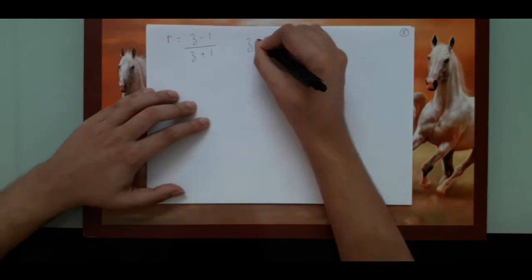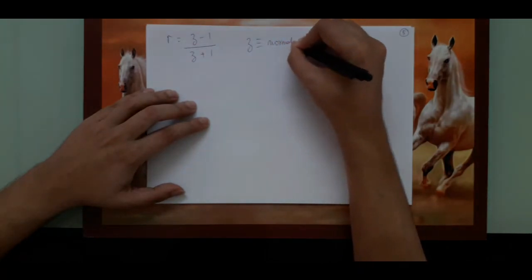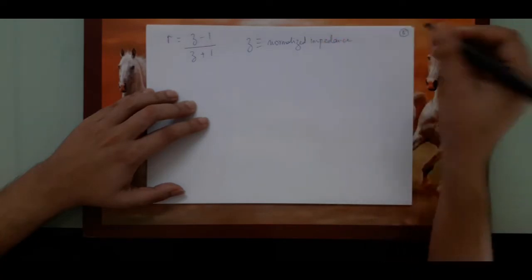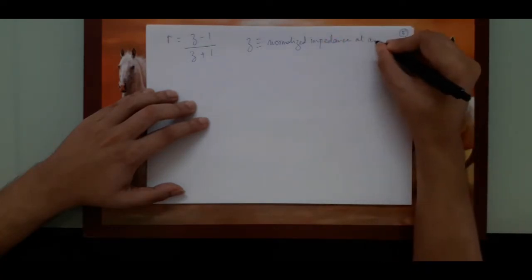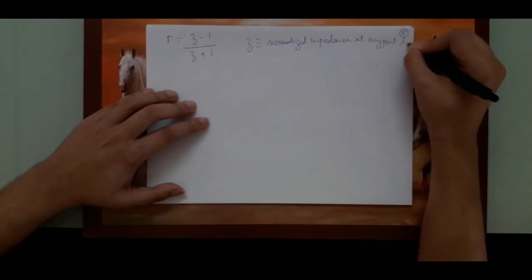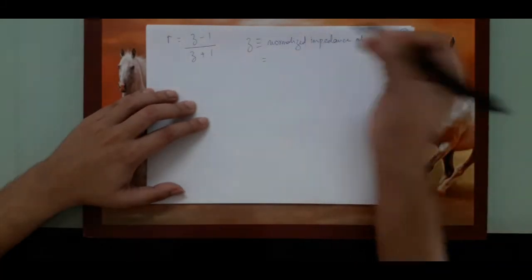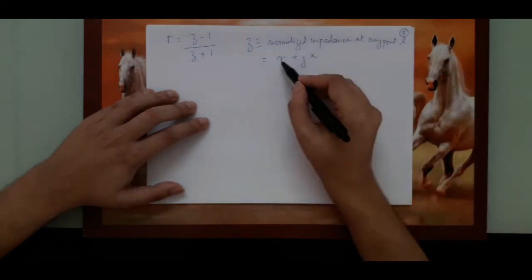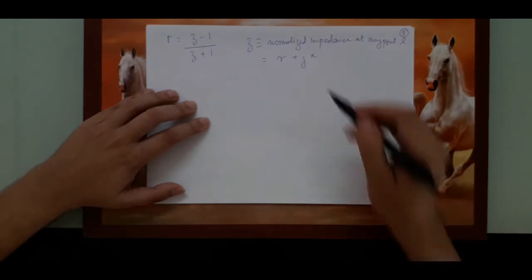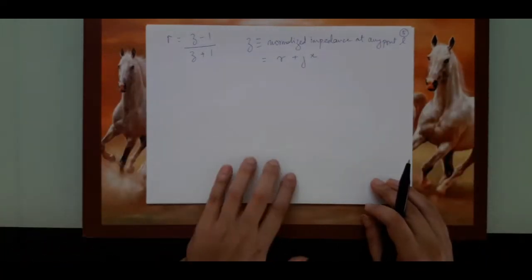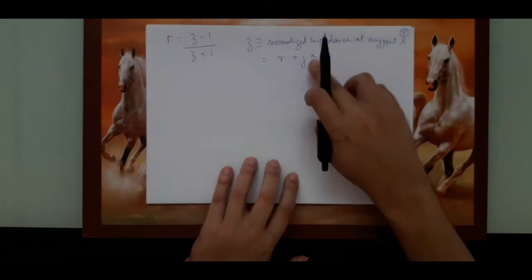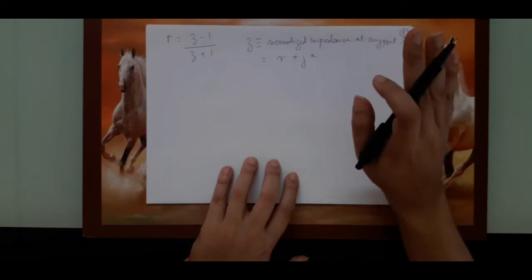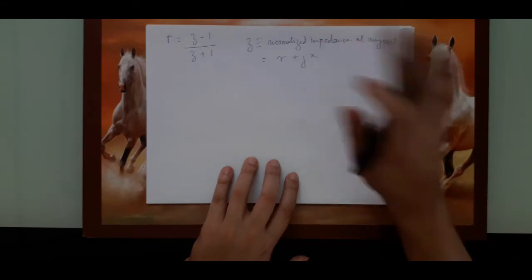So z is the normalized impedance at any point L, and this we can write in a Cartesian form as r plus j small x, where small r denotes the normalized resistance and small x denotes the normalized reactance. So x can be negative also, depending on whether it's inductance or capacitance. This you know.